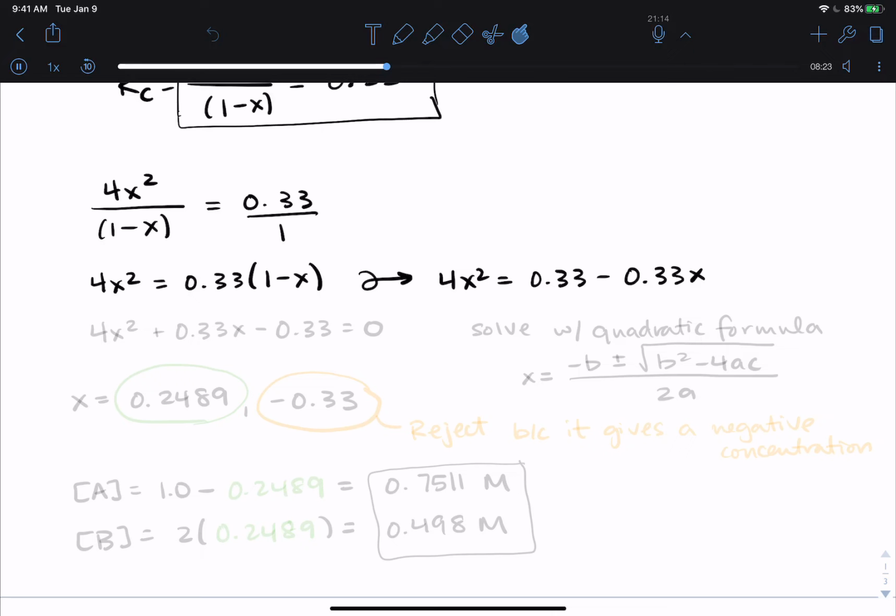And then, this is not necessarily something that you can figure out on your own, but if we rearrange it a little bit, say if I make it, say, 4x squared plus 0.33x minus 0.33 equals 0. This is something that you can solve with the quadratic formula.